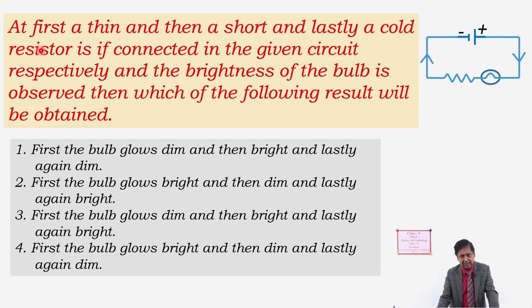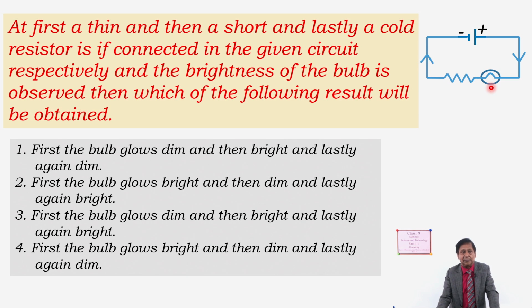The question is, first the resistor used is thin. I mean to say a thin resistor is used first and the glow of the bulb is observed. Secondly, a short resistor is used and the glow of the bulb is observed. And lastly, the cold resistor is used and the glow of the bulb is observed.